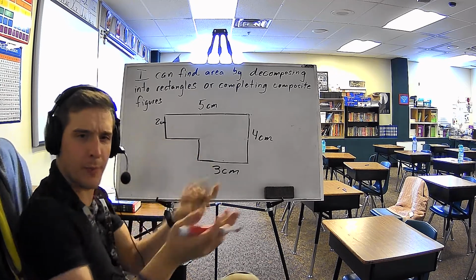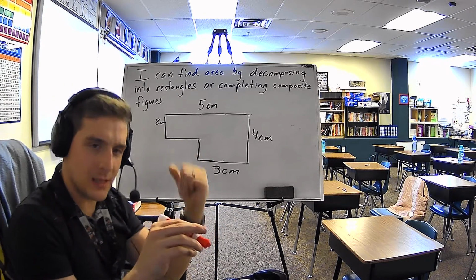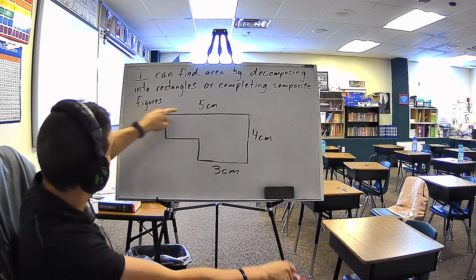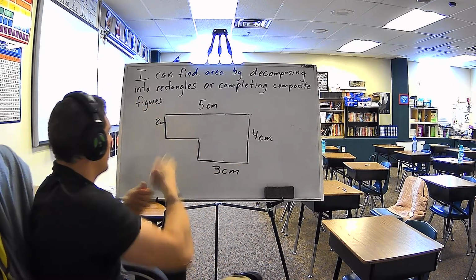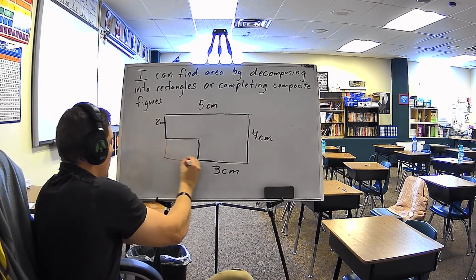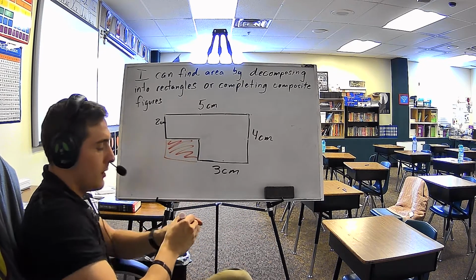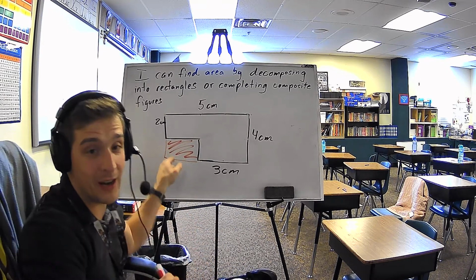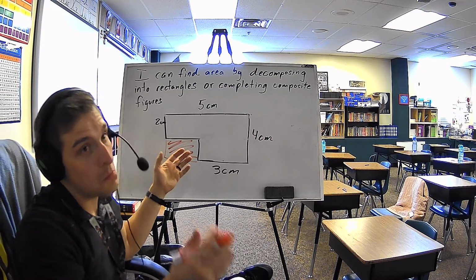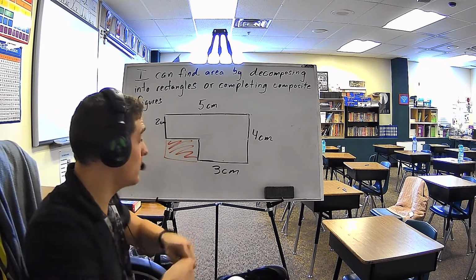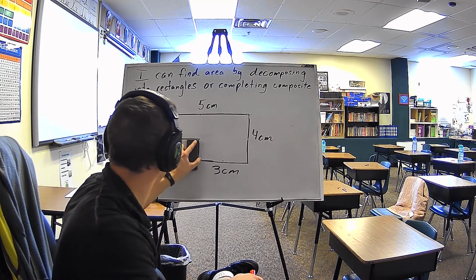It's still there. Because if you remember, we talked about in the last lesson that if I were to do 5 times 4, it would solve for this entire thing, including this area right there, which we don't want. But we can actually use this as a strategy to help solve this problem.